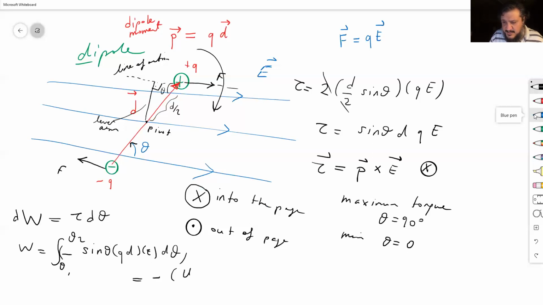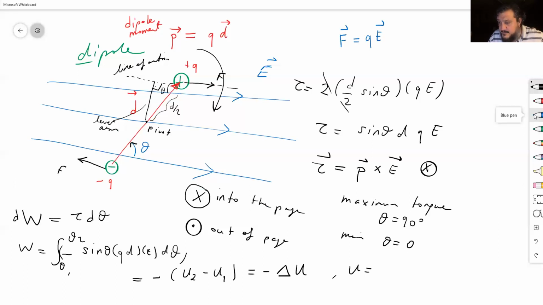I'm going to call it U now for potential energy. U2 minus U1, or negative delta U, where U is q d E cosine theta, okay? Cosine theta 2, or theta for each.